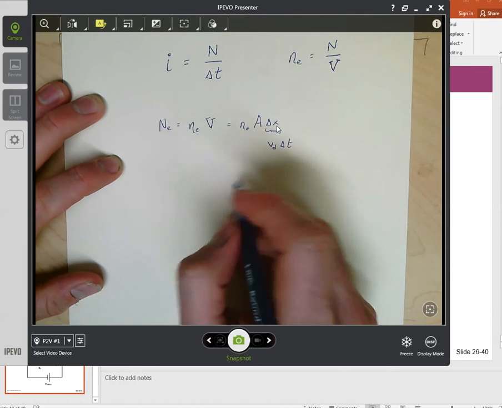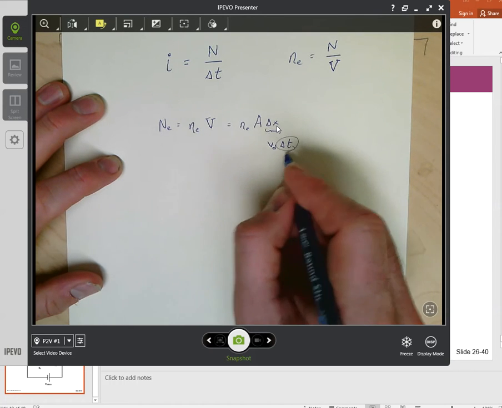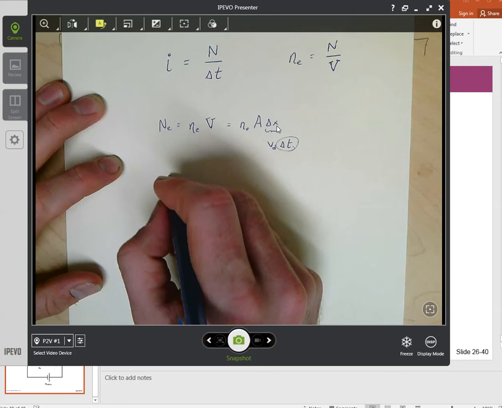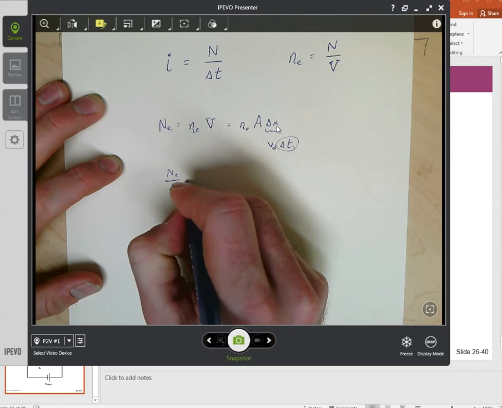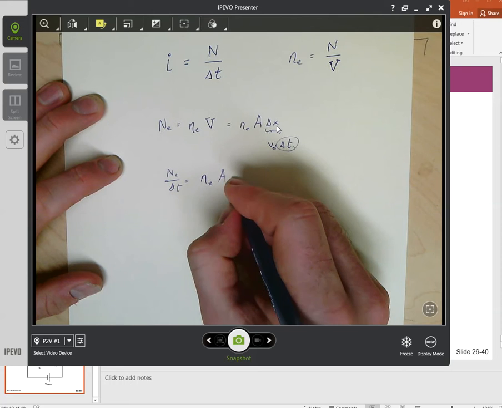So if we go back to our definition of I as being N per time, I can take this time and bring it over to the other side, dividing both sides, so N_e per delta t is equal to the density times the area times the drift velocity.